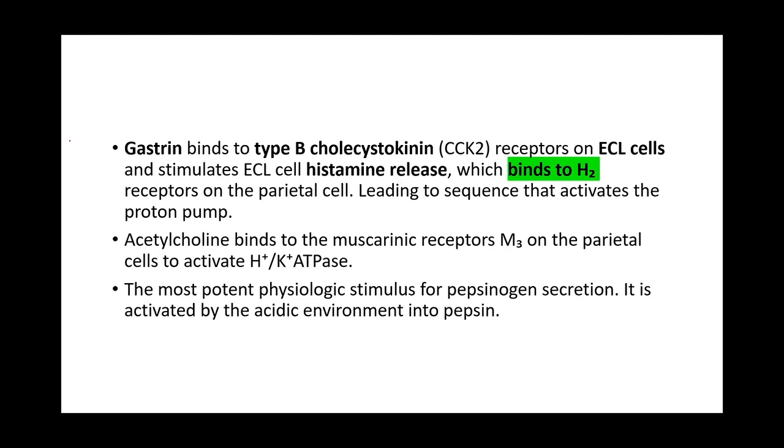The histamine binds to the H2 receptors on the parietal cells. So histamine is also required to bind to parietal cells, leading to a sequence that activates the proton pump to produce acid. Acetylcholine also binds to muscarinic receptors, M3, on the parietal cell to activate the proton pump to release HCl.